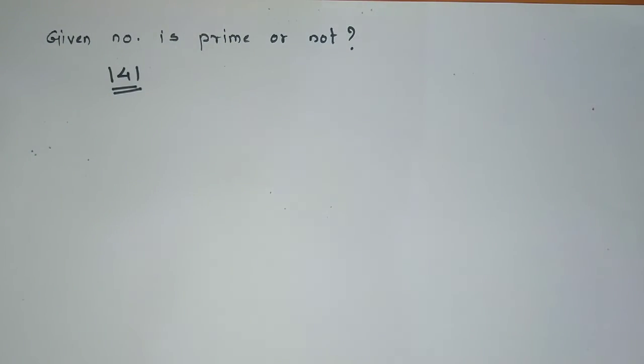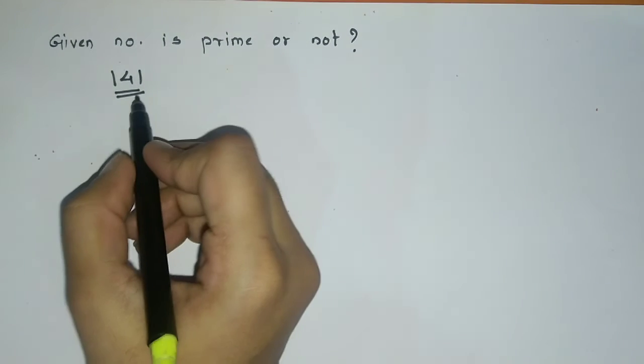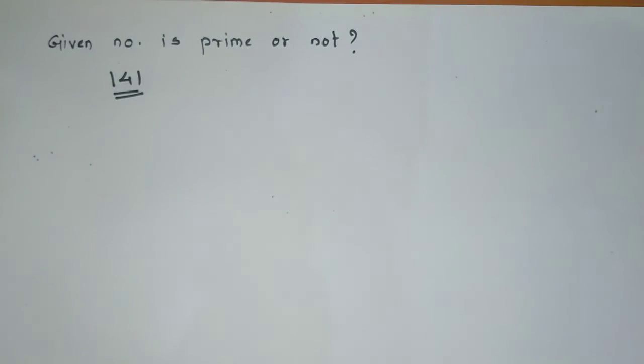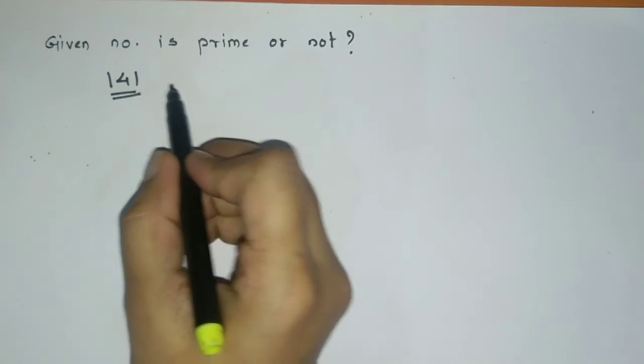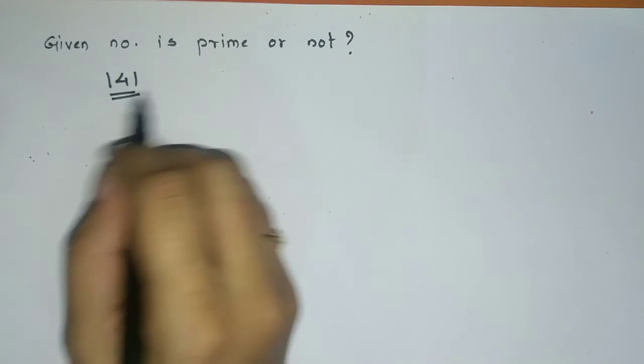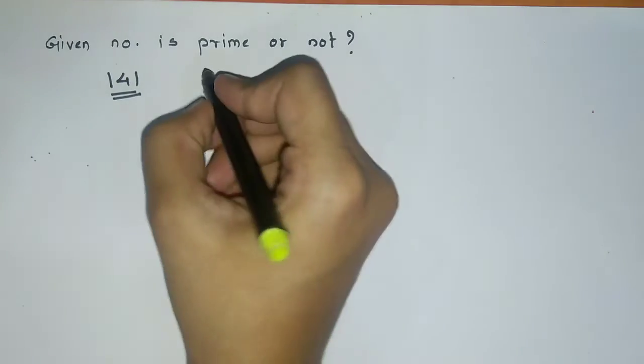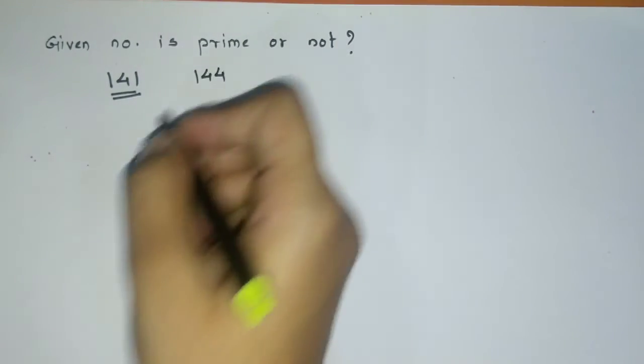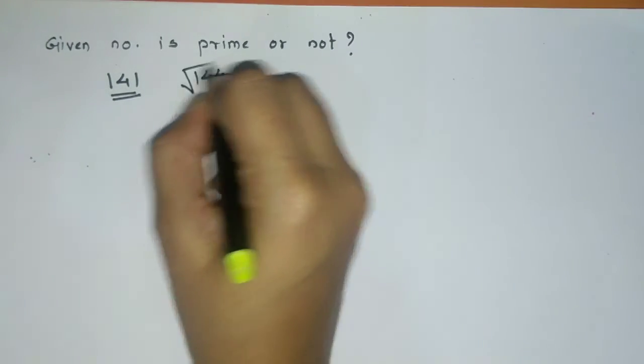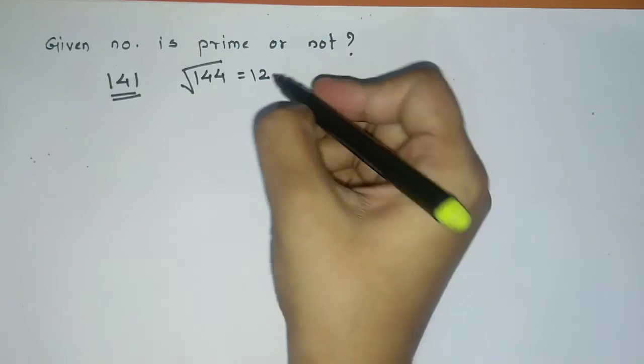Now tell me whether 141 is a prime number or not. Whenever they ask you this, take the perfect square just after the given number. The perfect square just after 141 is 144. The square root of 144 is 12.